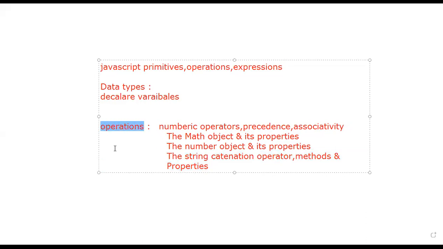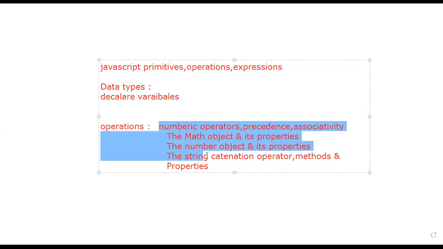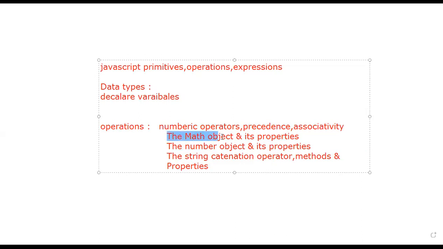Remember that. When it is asked in the exam to explain JavaScript operations for 10 marks, you have to explain all of it with examples. If they ask you to explain only the math object and its properties, you can explain only the math object. If they ask about the number object or string, you can directly write about that.